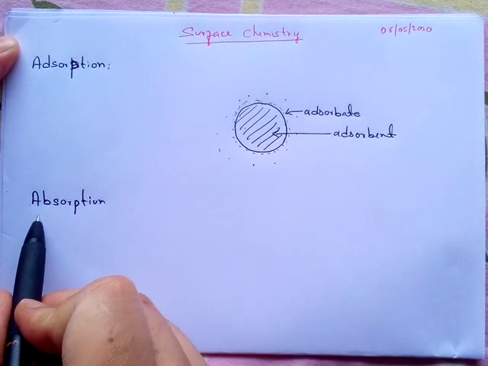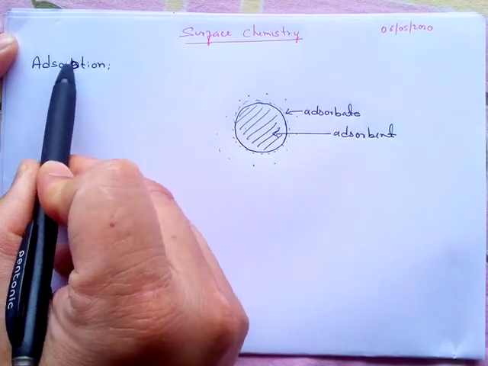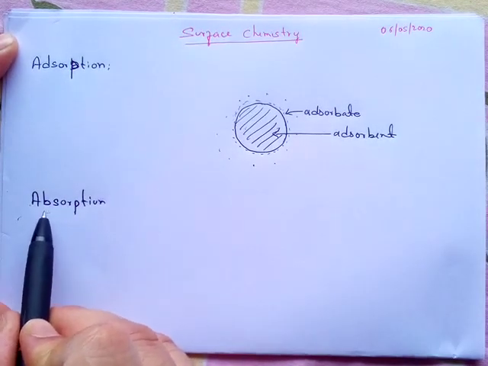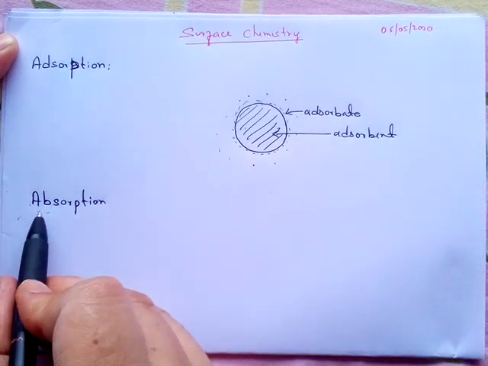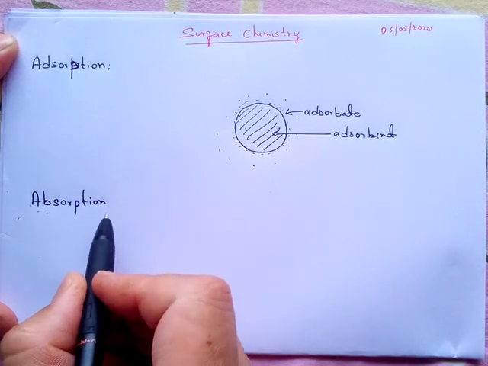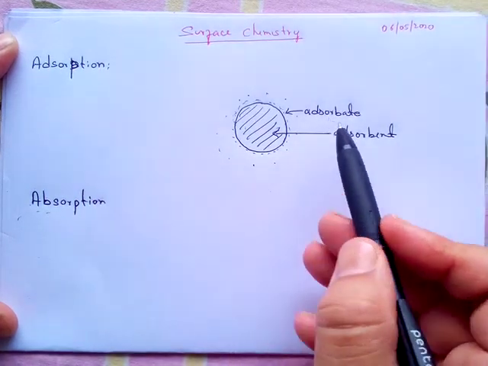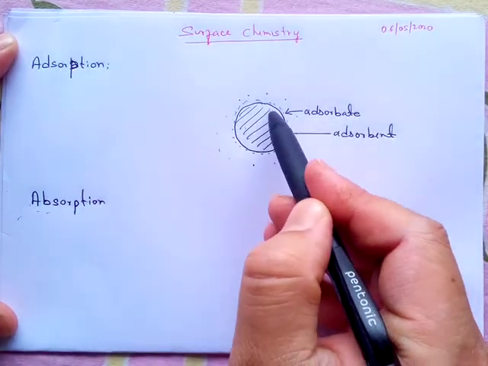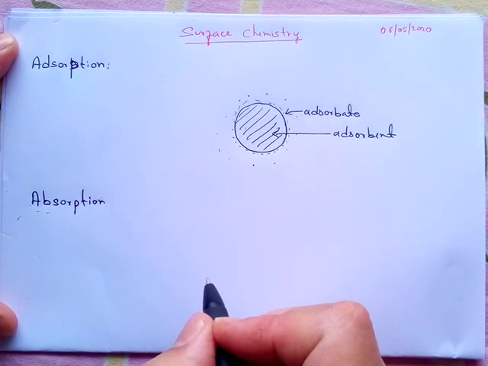Okay, so there is another term called absorption. Earlier it was adsorption; here is absorption. Now absorption is a bulk phenomenon, right? Absorption is a bulk phenomenon in which the absorbed particle gets inside the material, the absorbent.